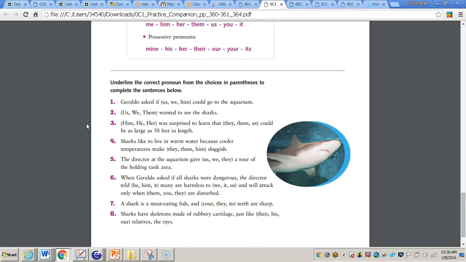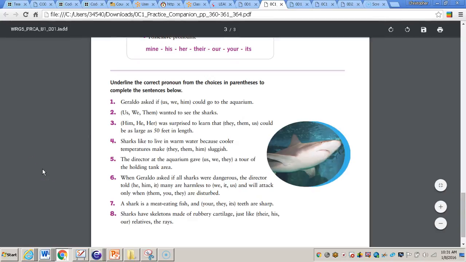For numbers 1 through 8, it says underline the correct pronoun from the choices in parentheses to complete the sentences below. Remember, it is important that the pronoun agrees with the antecedent, and the antecedent is the subject that comes before it. For number 1, it says, "Geraldo asked if us, we, him could go to the aquarium."